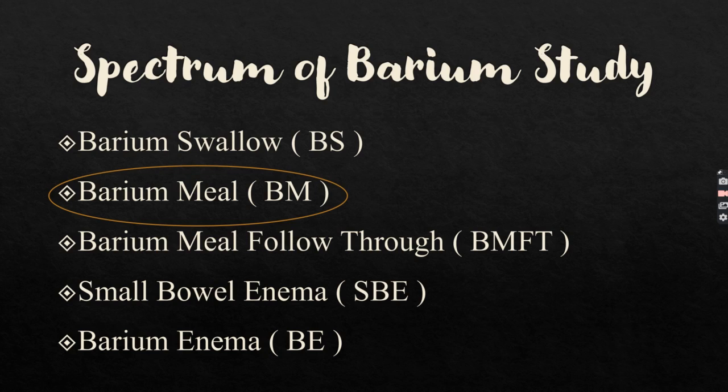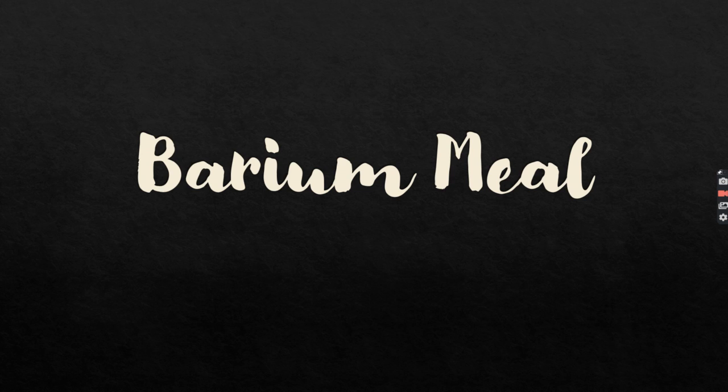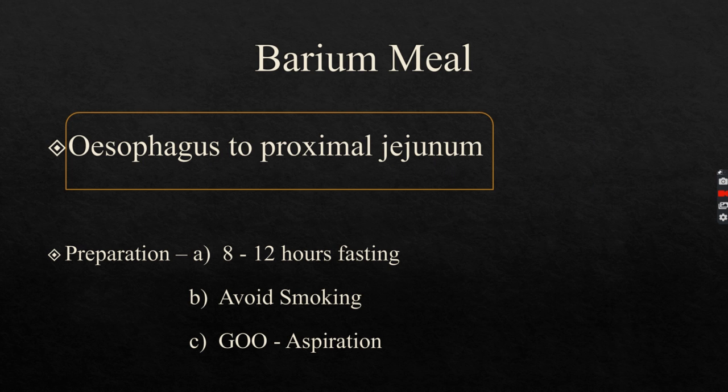Now, as you know, the barium swallow site was from the oral cavity up to the fundus of the stomach. Now this is the second important type of barium study, barium meal. What is this barium meal? Here the site is from the esophagus to the proximal jejunum.